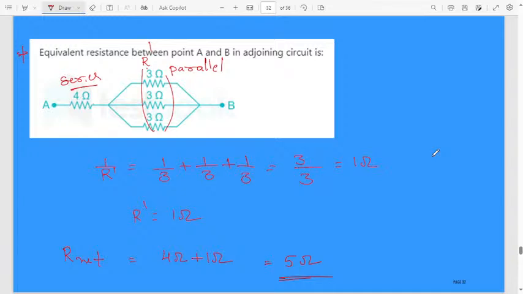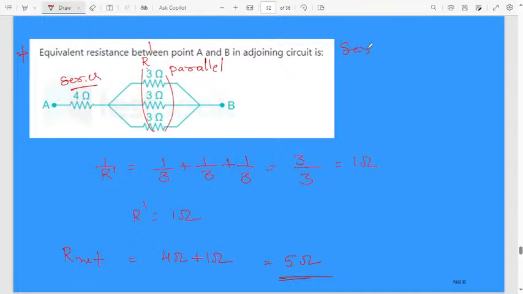Up to second PUC they will give this, because resistors come in second PUC. At least problems based on this they may ask. This is the easy one. I am not including the difficult problems. This is a very easy problem to calculate the equivalent resistance. Remember the formula.